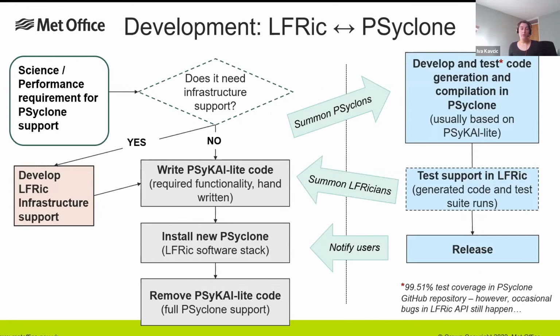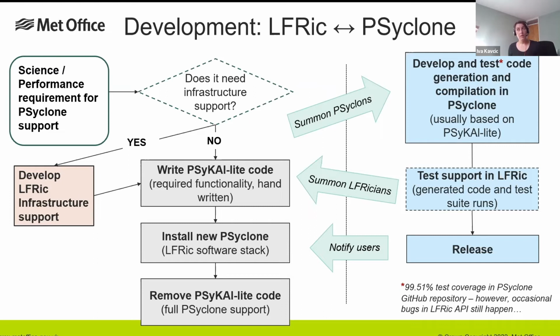So how does the development work? LFRic and PSyclone are basically developing in parallel, because as the science develops in LFRic, we need to produce the adequate PSyclone support. So we first gather science and performance requirements for the PSyclone support.